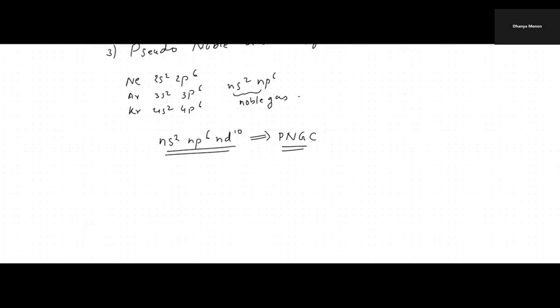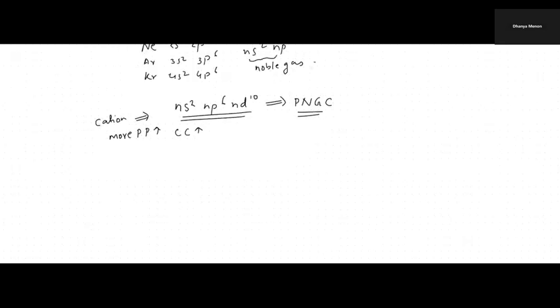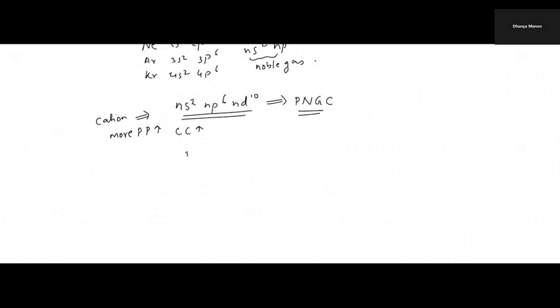Okay, so whichever cation has this type of configuration has more polarizing power, and the covalent character increases for these type of cations. So if you see ns2, np6, nd10, straight away the polarizing power is more. Okay, so 18 electrons here, right?